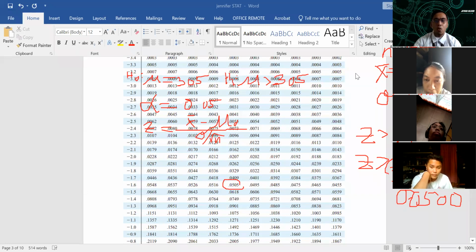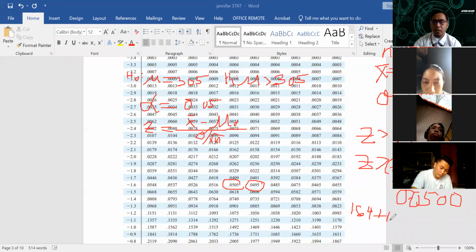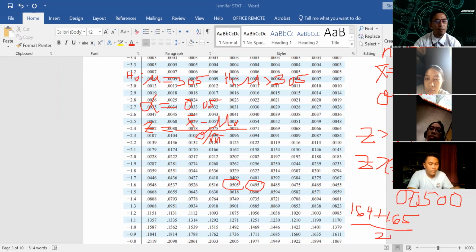The other one is 1.65. So add the two, 1.64 and 1.65, and divide by 2. That gives the answer. This 1.64 comes from there, and this 1.65 comes from there.